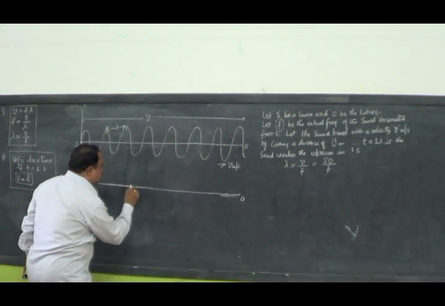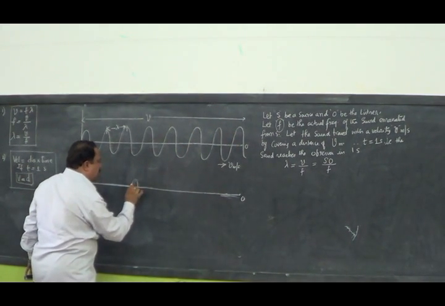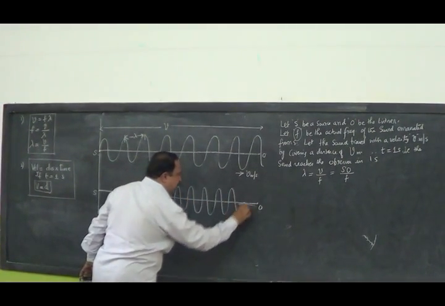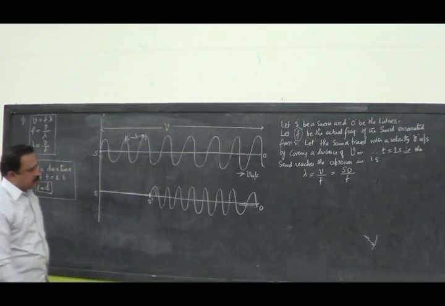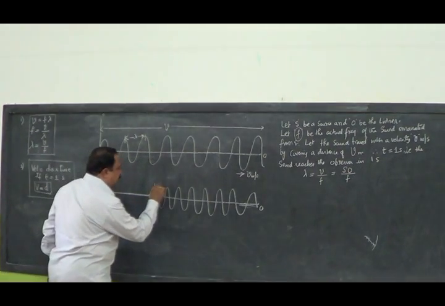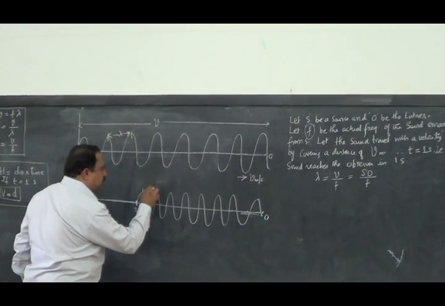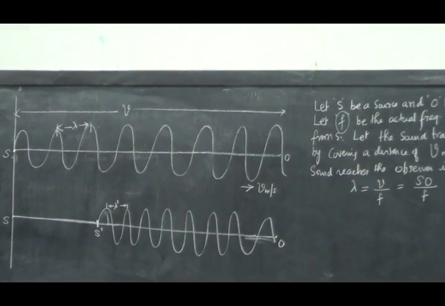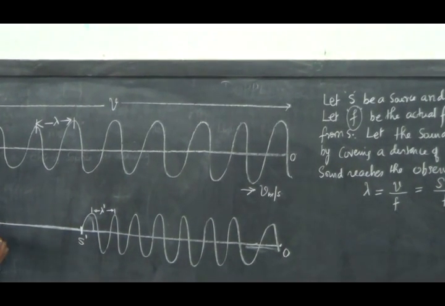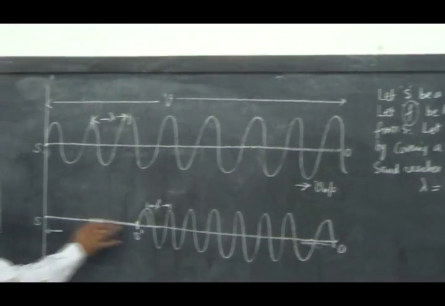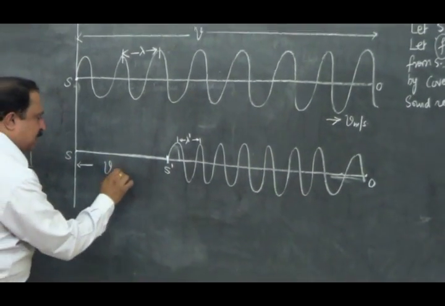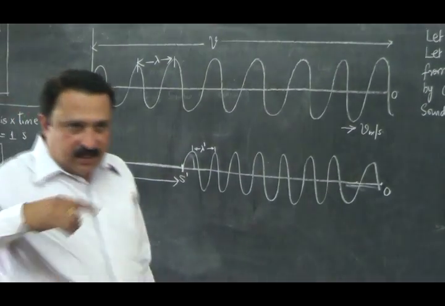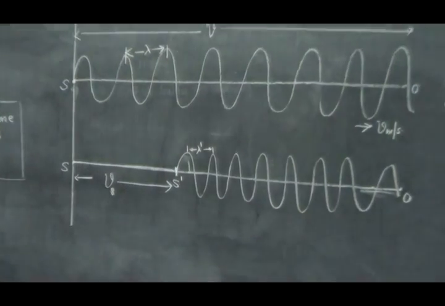So all these 8 waves. Therefore, their wavelength has become lesser now. This is lambda dash. And the source has moved from S to S dash with a velocity, let's say Vs. What is Vs? The velocity of the source.